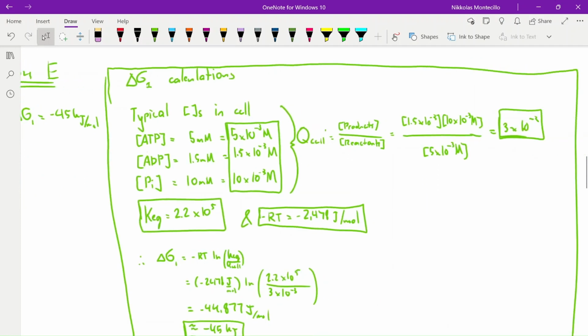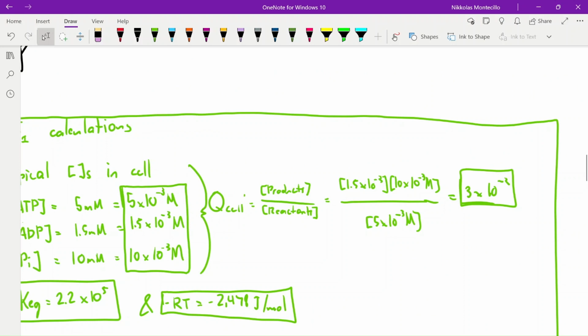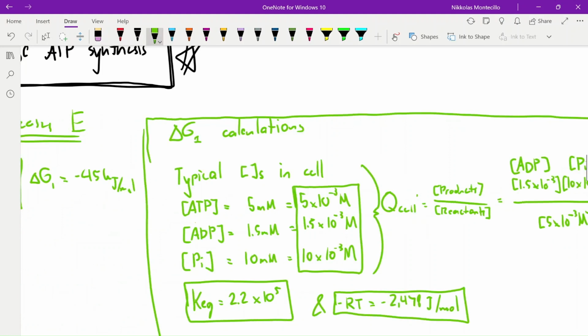So we can see here that, remember that Q cell is equivalent to the concentration of the products over the concentration of the reactants. This is just the concentration of ADP times the concentration of inorganic phosphate, because we're doing ATP hydrolysis, right?